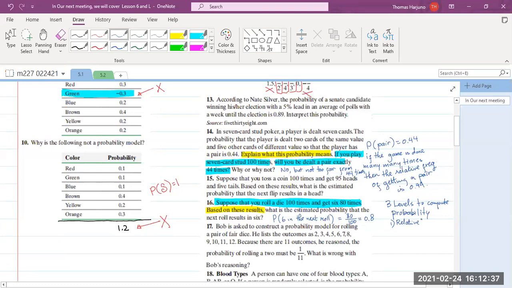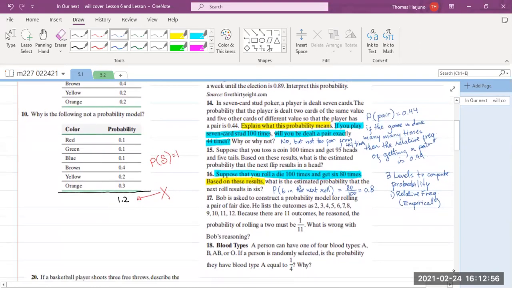We use relative frequency if we already have the experiment. That's why we also call this the empirical method. Of the three levels of computing probability, the empirical method is the strongest one. Why? Because it is based on experiment.